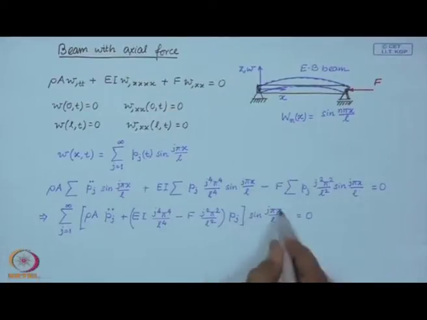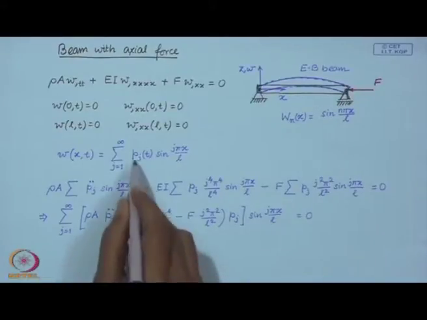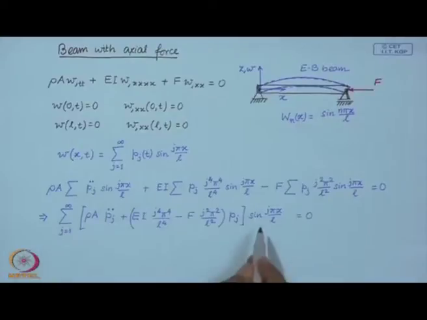Now, because of the orthogonality of the eigenfunctions, we can use the orthogonality property to determine these coordinates p j, the dynamics of the modal coordinates p j. So, we multiply this, for example, with sin k pi x over L and integrate over the domain of the beam.